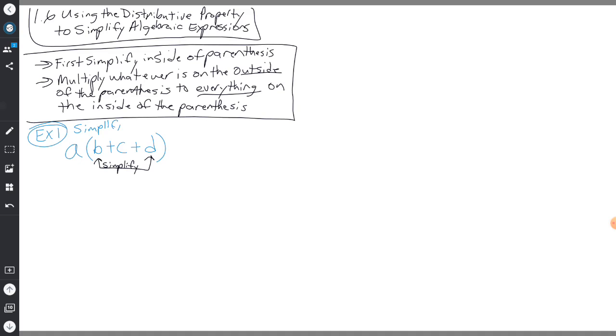If we had a B here and then a 2B there, then we could add those together, but there's nothing we can do here. Well, that's what we have to distribute now.